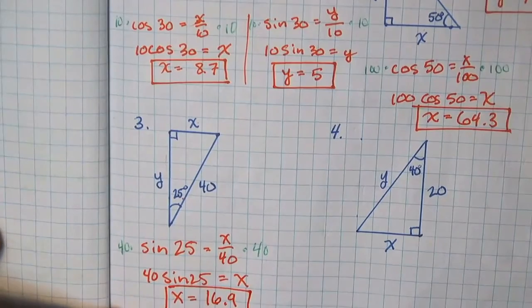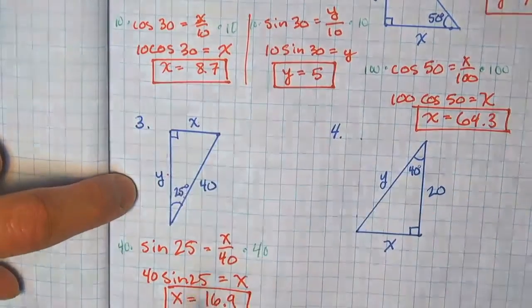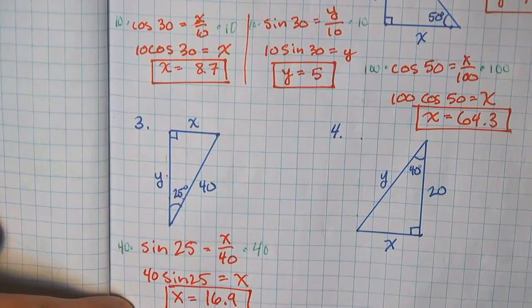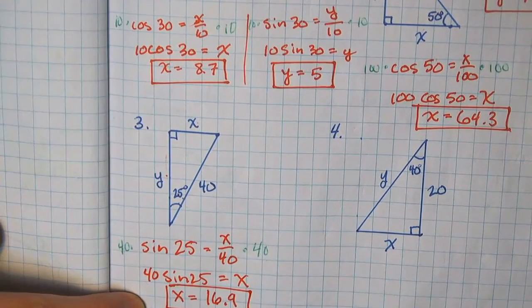And then let's do y. So y is going to be cosine because it's adjacent to this 25-degree angle. So cosine 25 is equal to y divided by 40. Multiply both sides by 40 again.